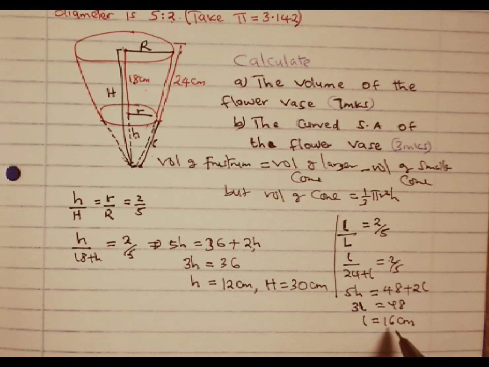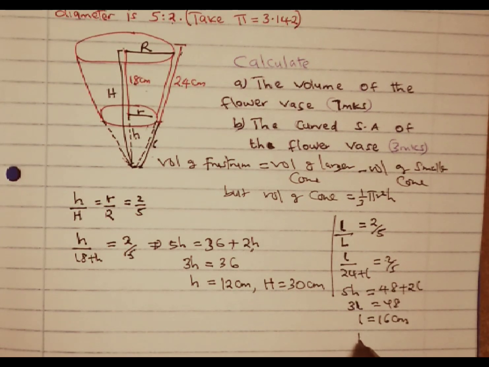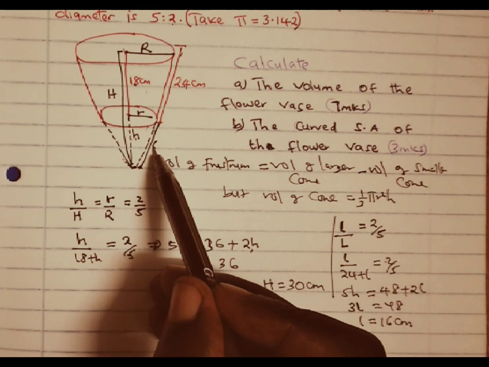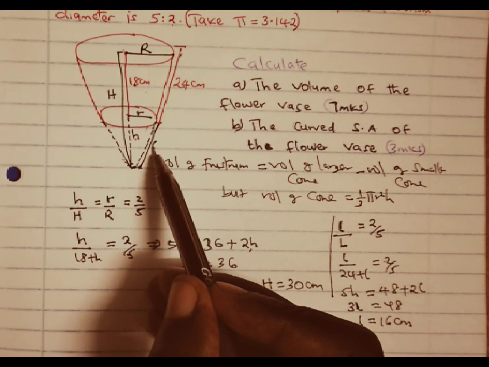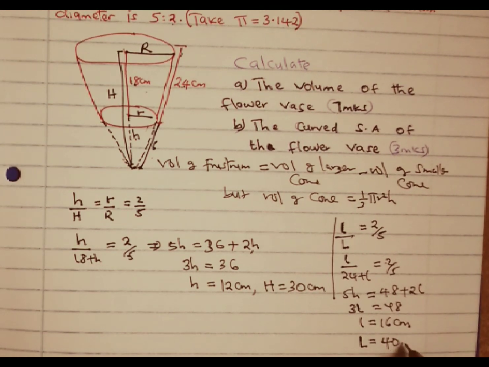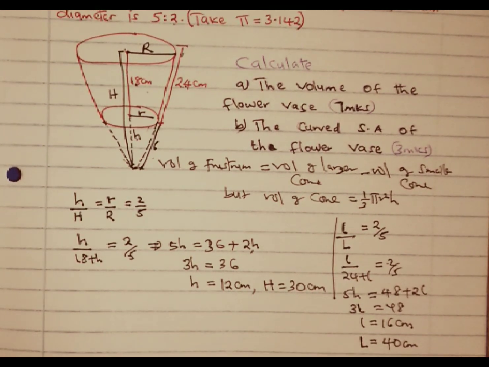And if the small l is 16 centimeters, the slant length of the original cone will be 24 plus 16, which gives us 40 centimeters.